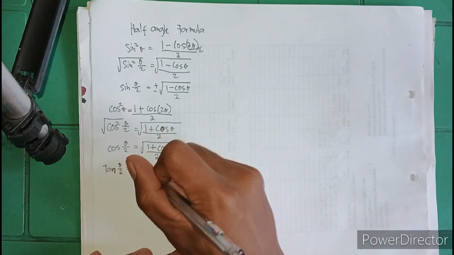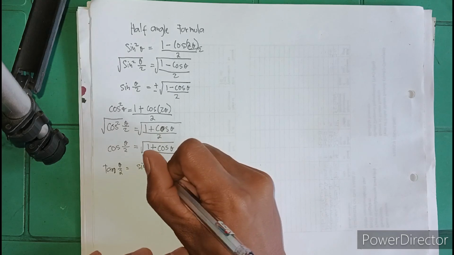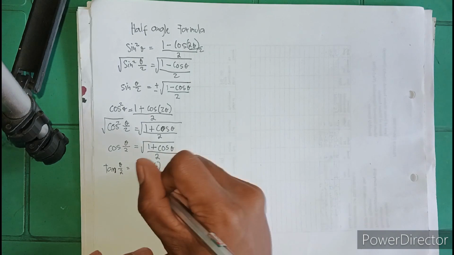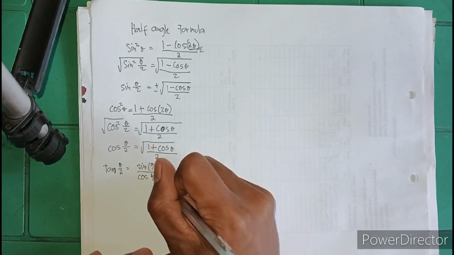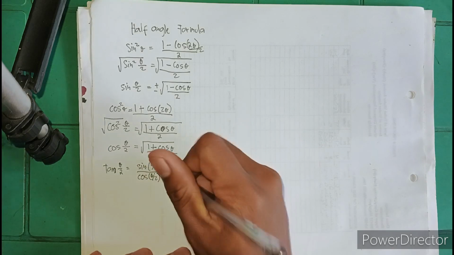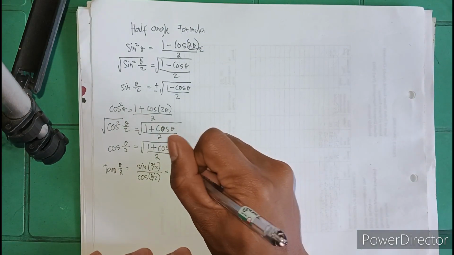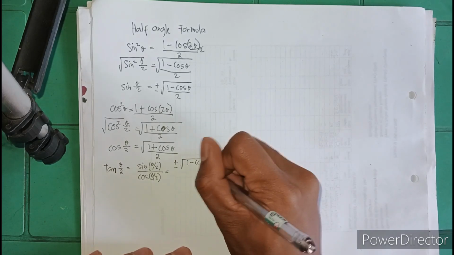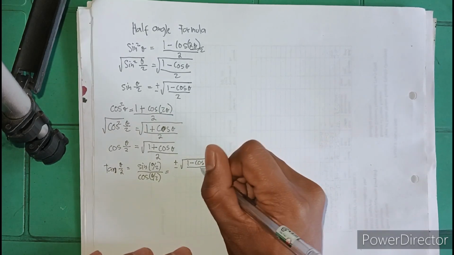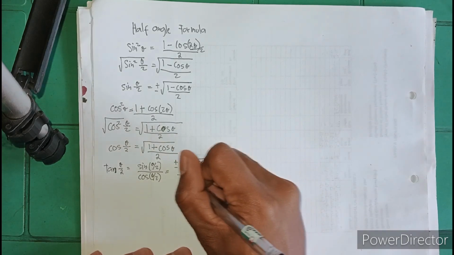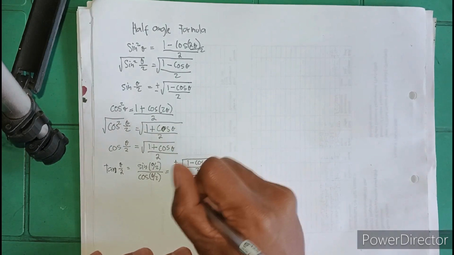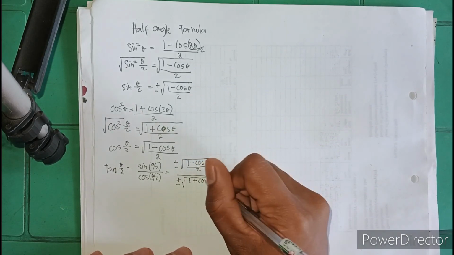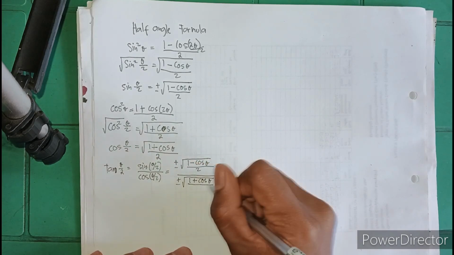So we can say that sine theta over 2 over cosine theta over 2 is the same as plus or minus square root of 1 minus cosine theta over 2, over plus or minus square root of 1 plus cosine theta over 2.